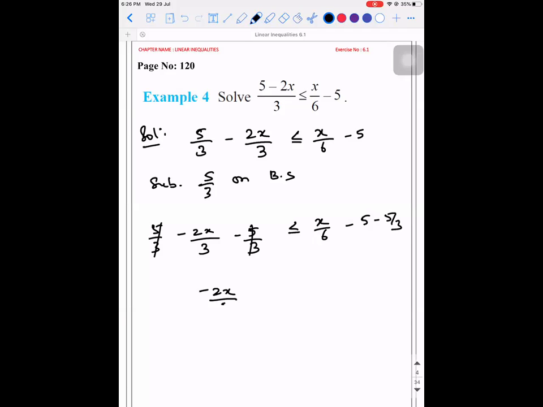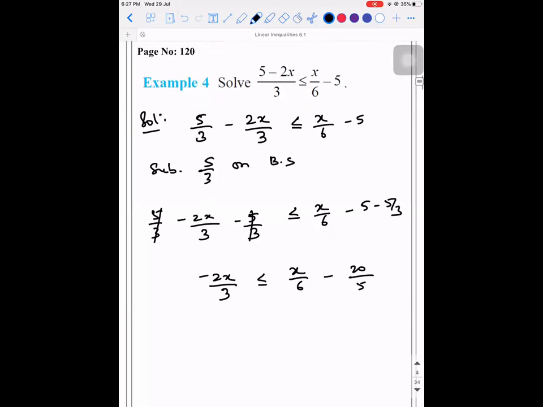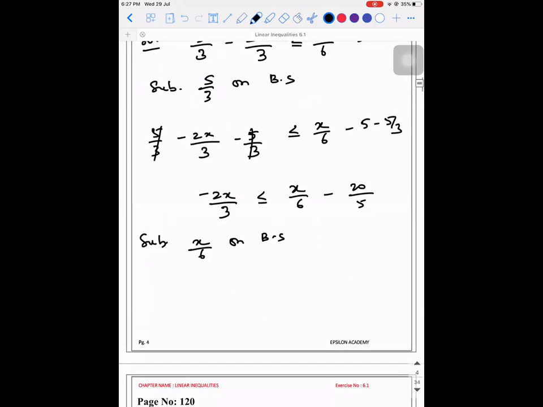So minus 2x by 3 is less than or equal to x by 6 minus 20 by 3, sorry, 20 by 3. Now subtract x by 6 on both the sides. So minus 2x by 3 minus x by 6 is less than or equal to minus 20 by 3.